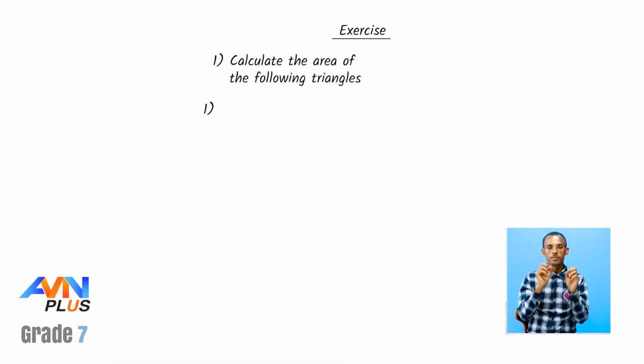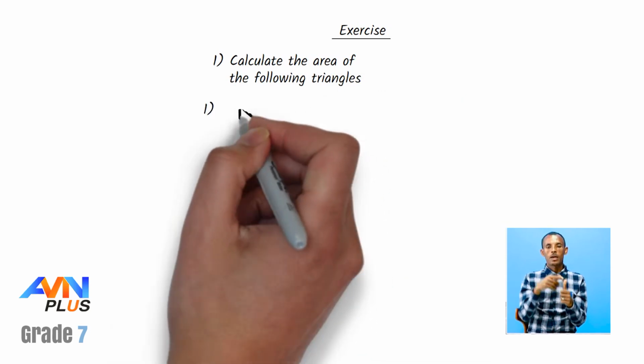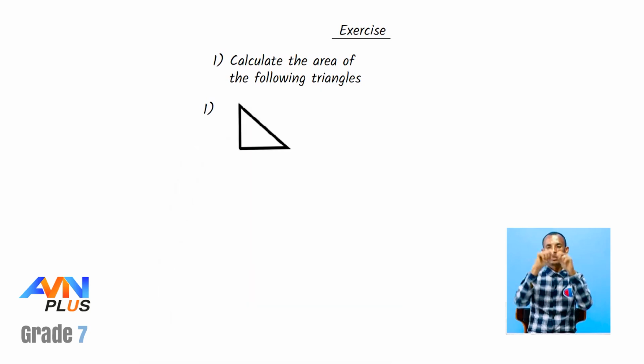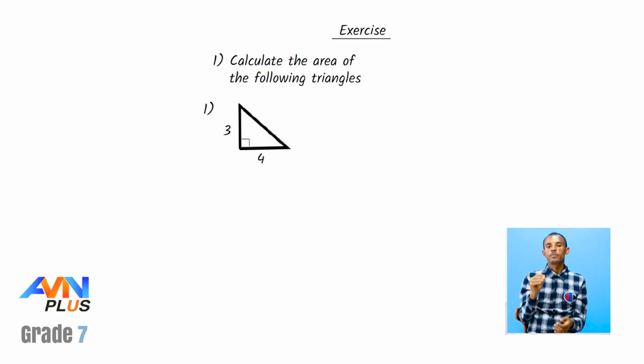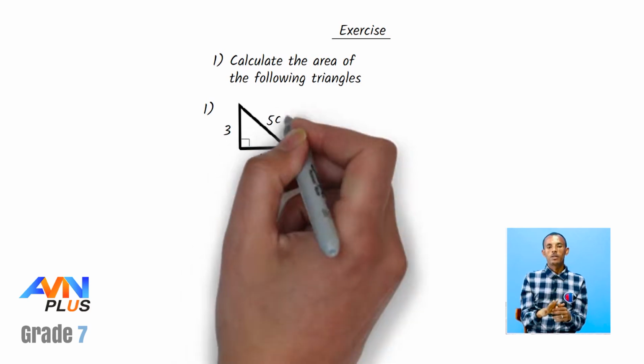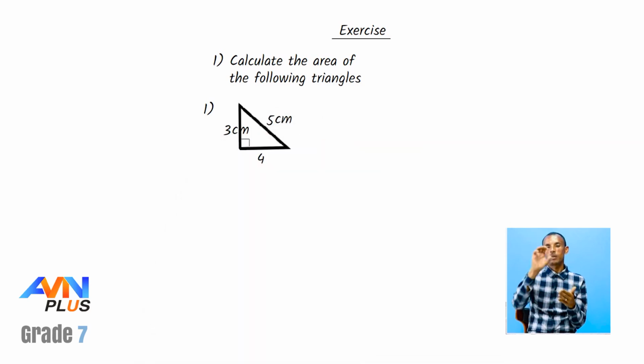Okay, the first one is this triangle. This one is 3 units, this one is 4, and this one is 5. Just assume it is in centimeter. Then B, calculate the area of this triangle.